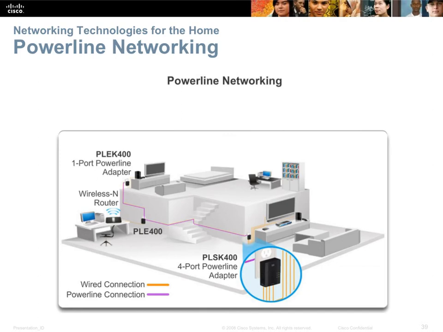But the power lines are already there. They are part of the structure of the house. So I can use the power lines to have communication across a multi-story building or house without really having any specific deployment.